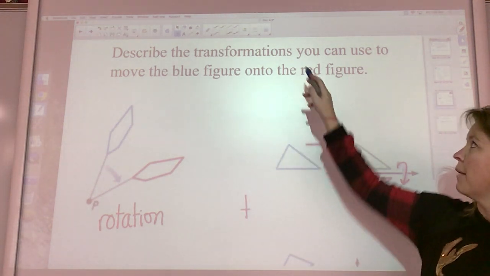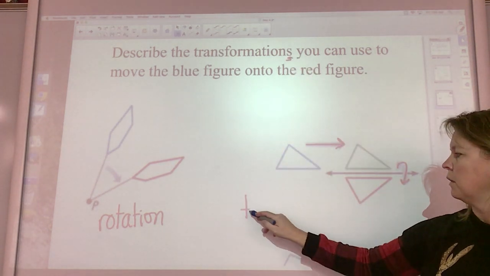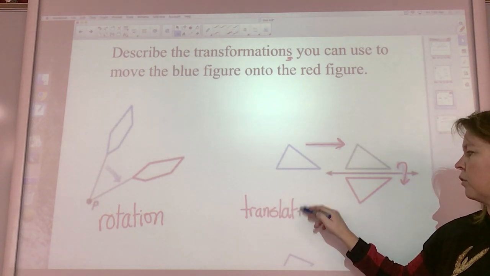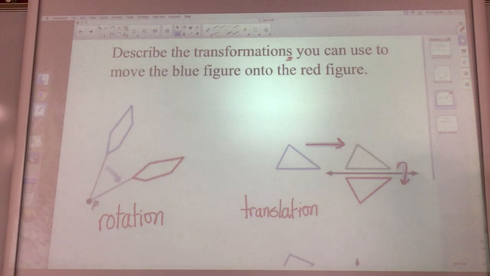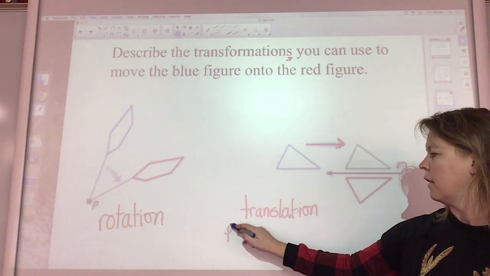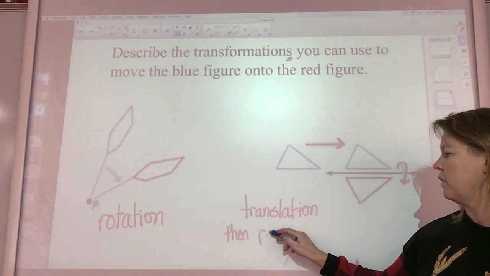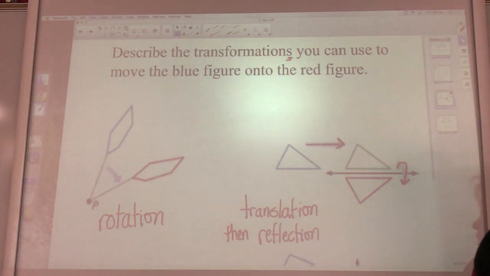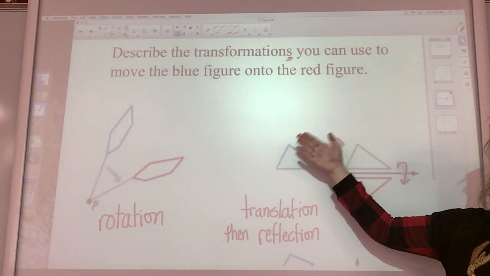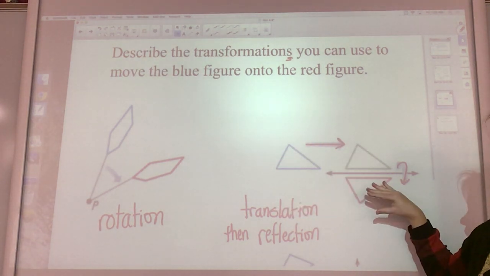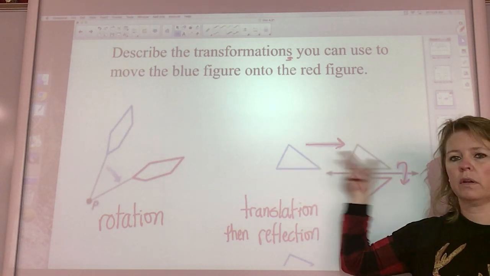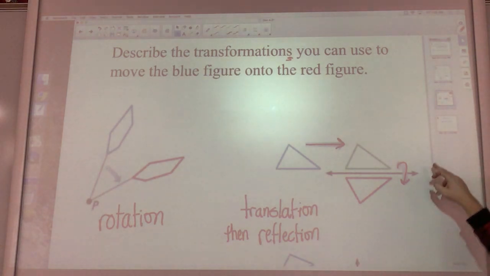So when it says describe the transformations, you would say translation, then reflection. Would you end up at the same spot if you had reflected it first and then translated it? You would have, but that's not the way the arrows went. It told you that you were going to translate first, then reflect.